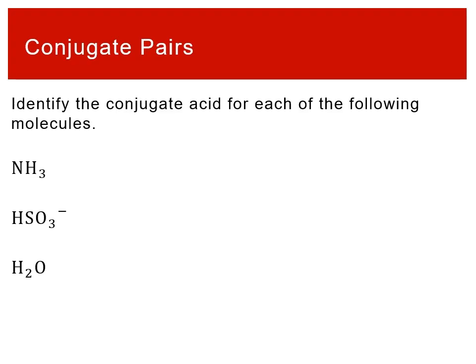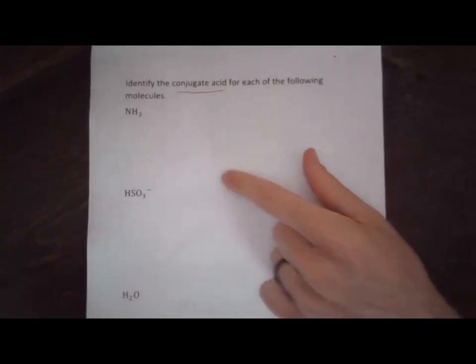So let's look at an example. Let's see if we can identify the conjugate acid for each of the following molecules: NH3, HSO3 minus, and H2O. When we see the word acid, that means the molecule we're creating will have an extra hydrogen.